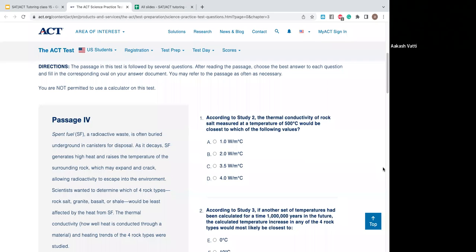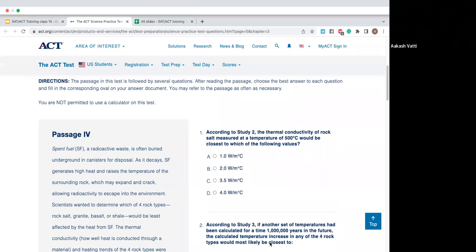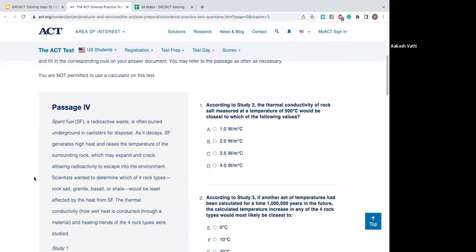I'll give you another 2 minutes before I start doing it. Again, if you did finish reading it, raise your hand or put it in the chat that you finished, so I know that people finished.